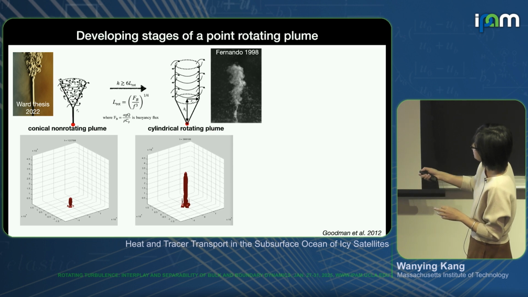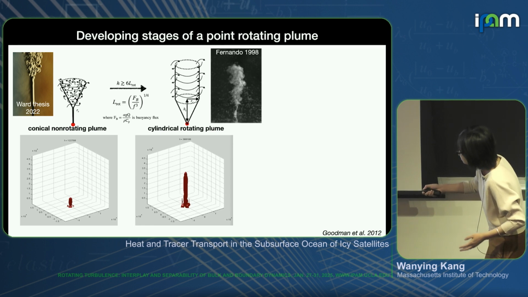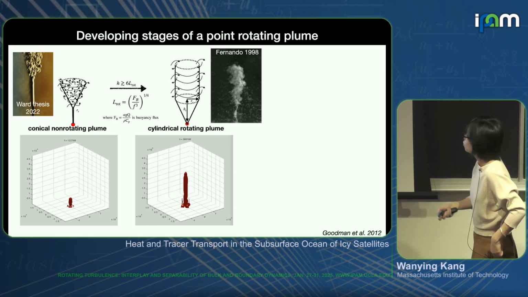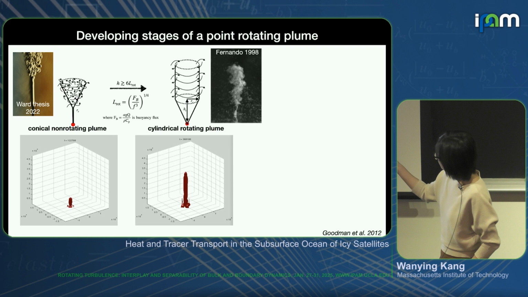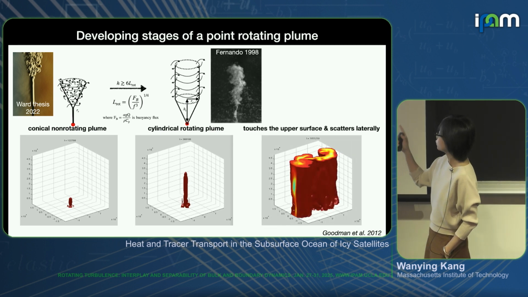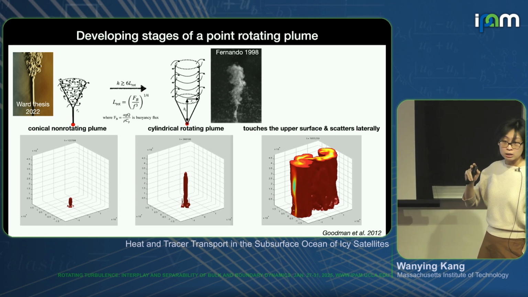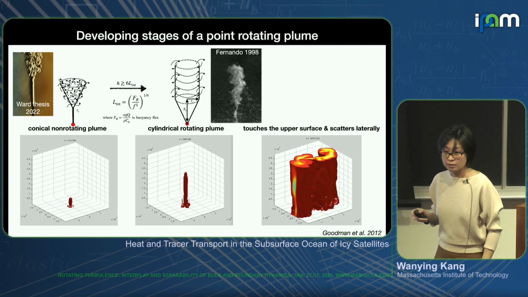And with this rim current, you can see that in Goodman's simulation, you also see these vertical plumes. And this continues until the plume reaches the top. Okay, and this simulation, by the way, assumes a Europa setup.